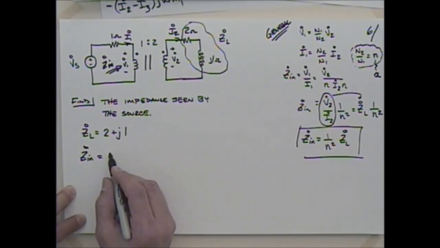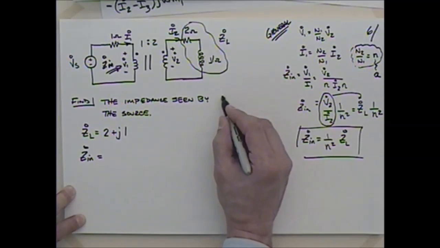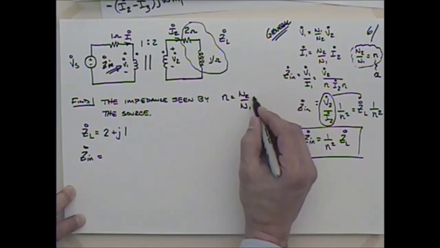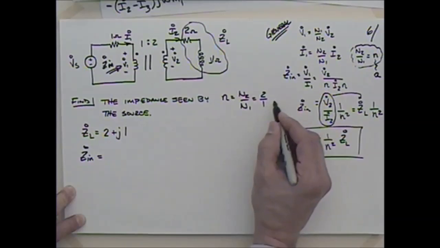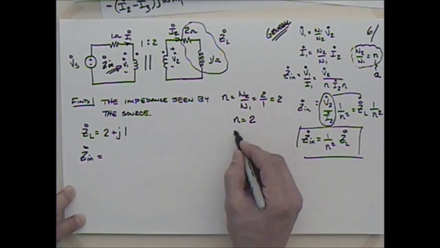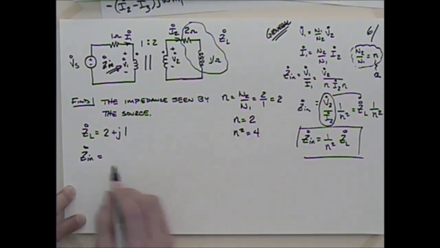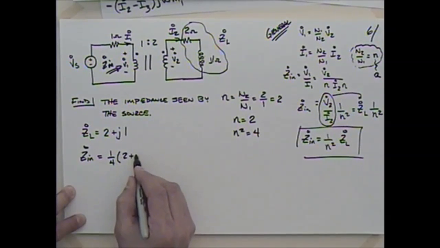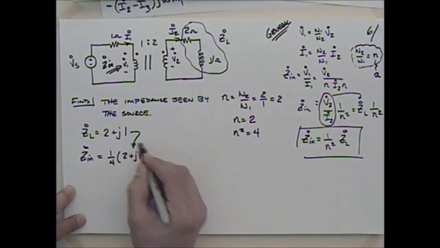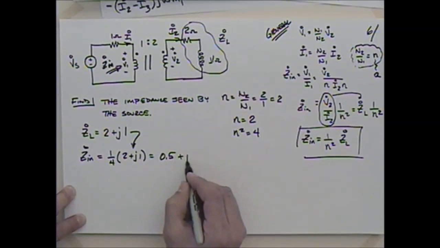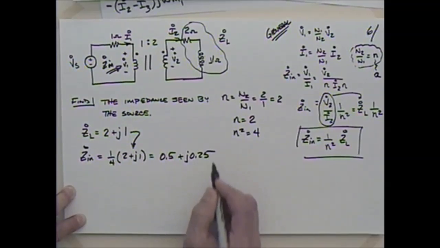Well, what's n? n is N2 over N1. What's N2? That's 2 over 1. So n is equal to 2, so n squared is equal to 4. So I have 1 over 4 times this impedance here, 2 plus J1. So this turns out to be 0.5 plus J0.25.